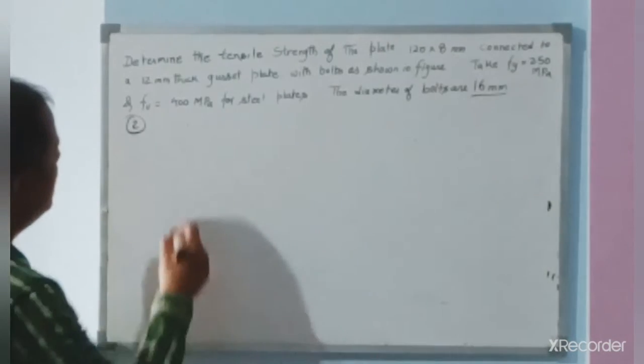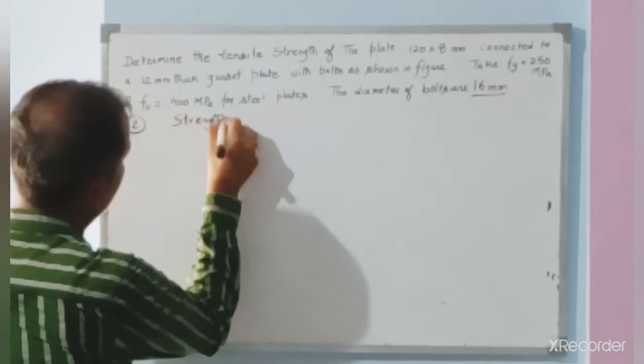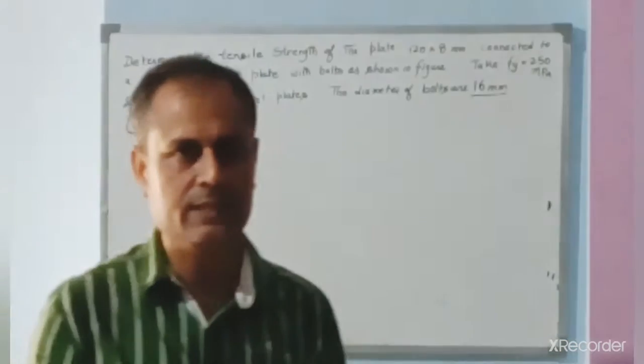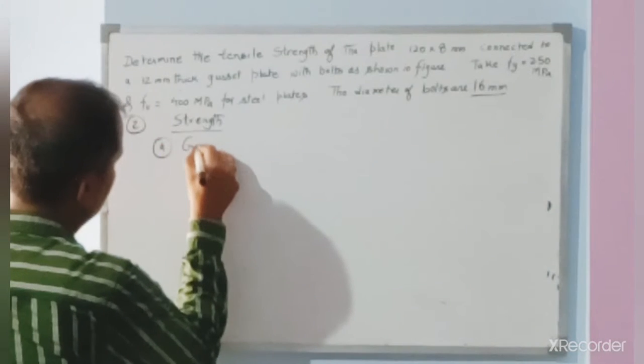Now our next step is to calculate the strength of the tension plate. All we know is that in a tension failure, there are three patterns of failure. First is gross failure.